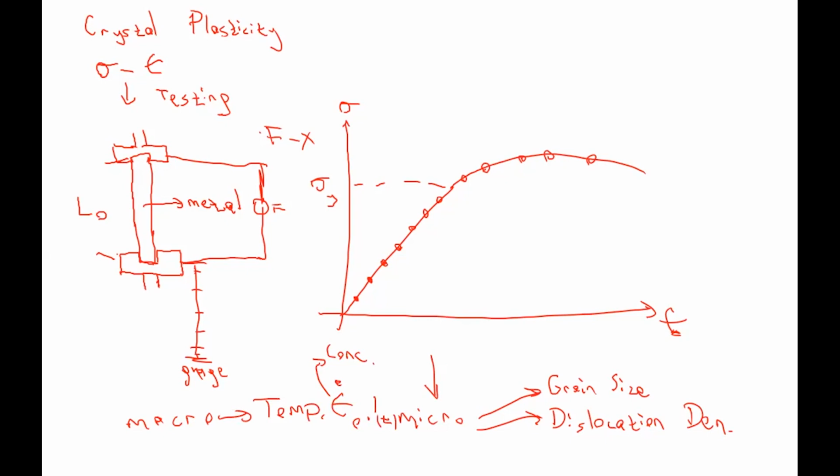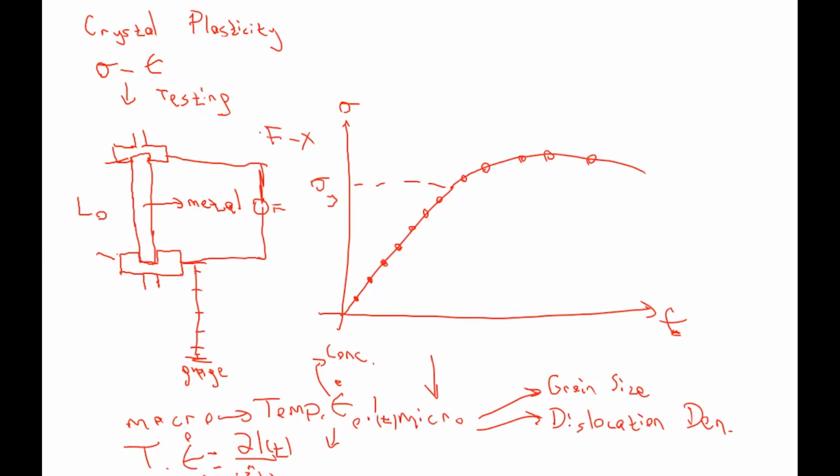And this strain rate represents how quickly we are stretching the material. The strain rate is dL/(L0 dt), the initial length. So this is the experimental condition.